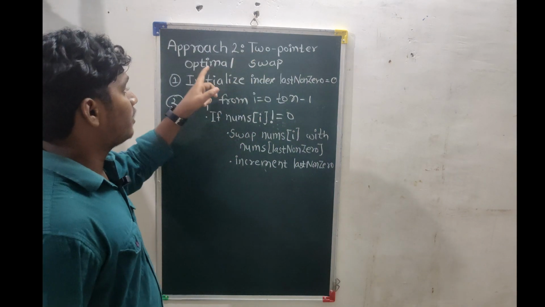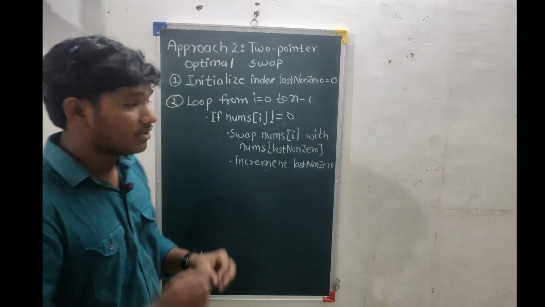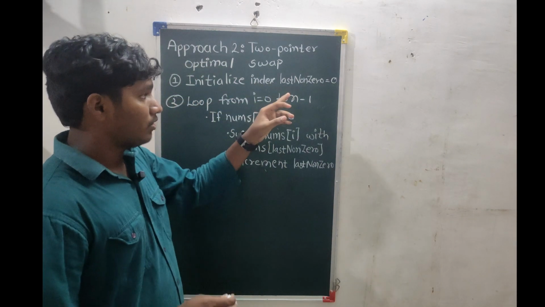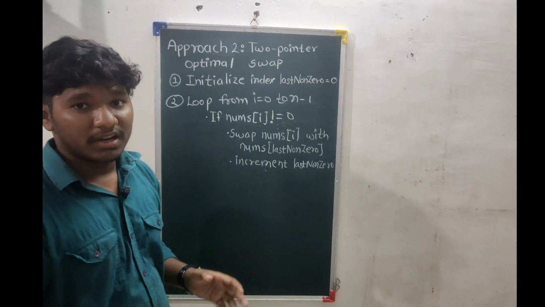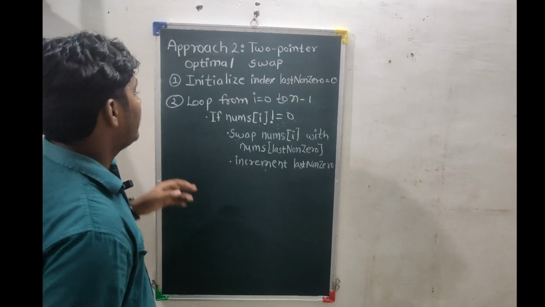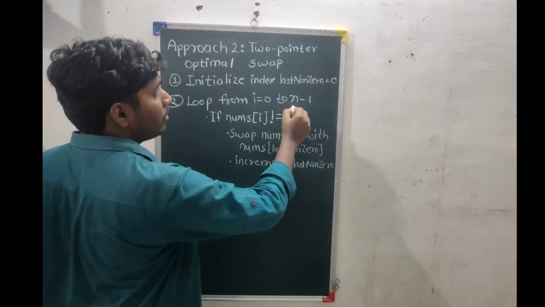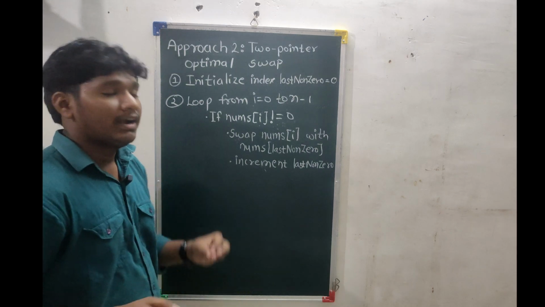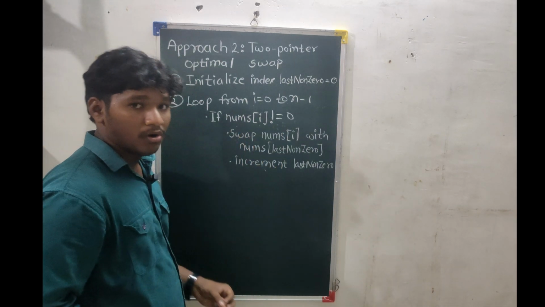This is the two pointer optimal swap approach, and this is the most efficient approach. The first step is to initialize an index known as last non-zero index at 0. Then in the second step we loop from i equal to 0 to n minus 1, and at every iteration we check whether nums of i is equal to 0 or not.